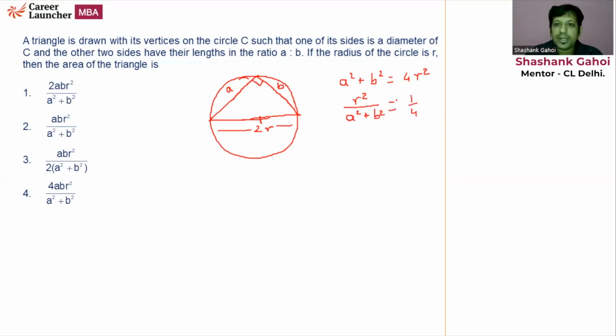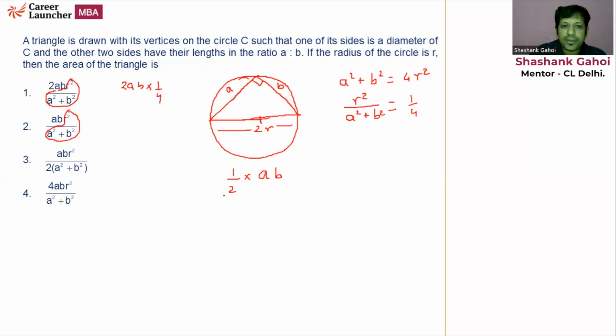Now I'm getting why we are writing in this format. And what is the area of this triangle? That is going to be half into base into height, half into a into b. Now, if you see, all the options have this same value. So I can replace each value with 1 by 4. So my first option is 2ab into 1 by 4.